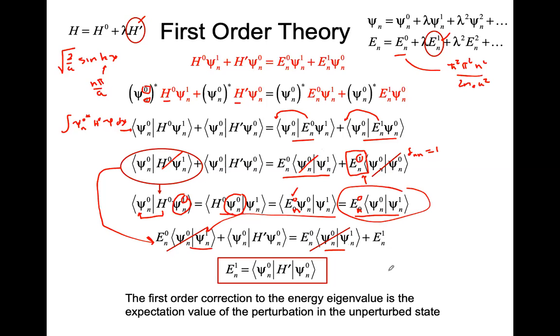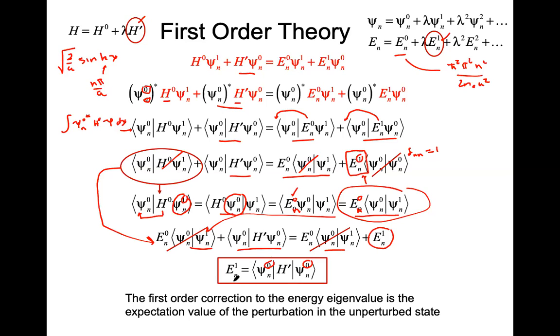And that's an interesting result. It came from this term, which was that term, which came to that term. What that is, is the expectation value of the perturbation, but in the unperturbed state, the zero state. That's the first order correction to the energy eigenvalue.